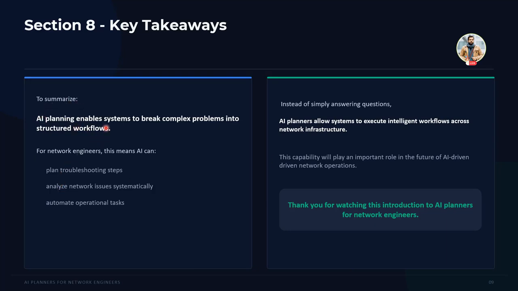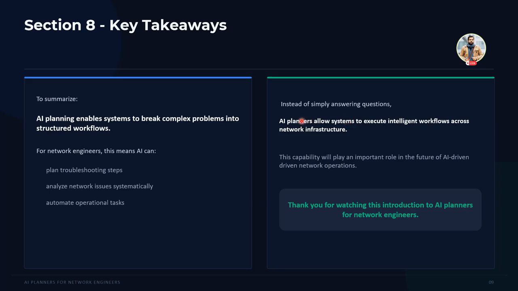Absolutely. First, AI planning enables systems to break complex problems into structured workflows. That is the core idea. Second, for network engineers, this means AI can now plan troubleshooting steps, analyze network issues systematically, and automate operational tasks.